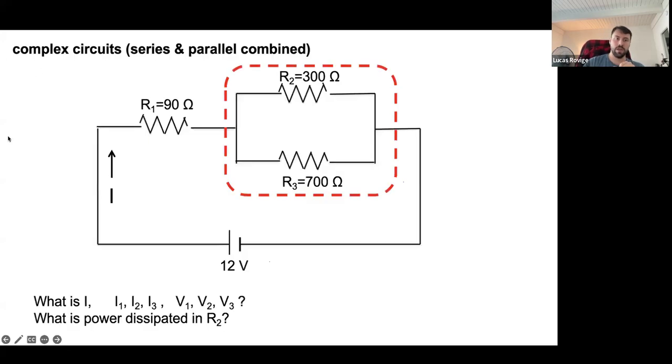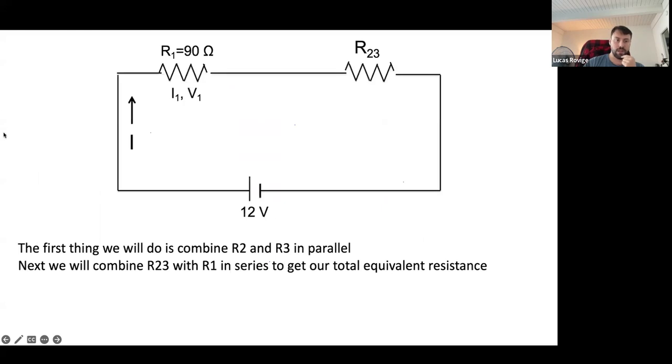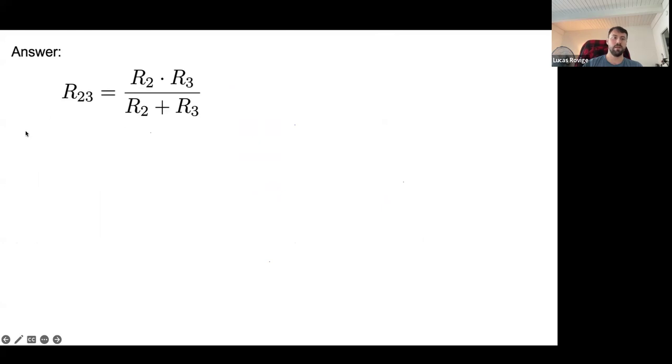So what we do is first we get the equivalent resistance of this parallel connection here. So that gives us the equivalent resistor that we call R23. And then we have those two resistors, R1 and R23, that are just in series. So it's pretty straightforward to combine them.